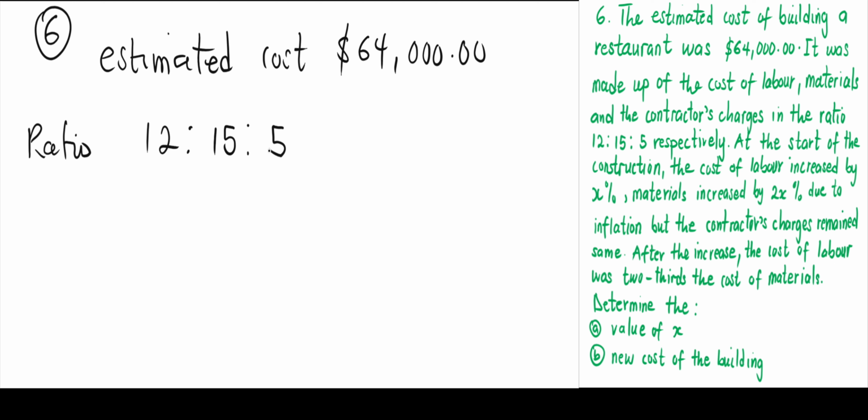So it means the one that comes first will go for the first component of the given ratio. The first one is for labor, followed by the materials, and the last one will be for the contractors' charges.